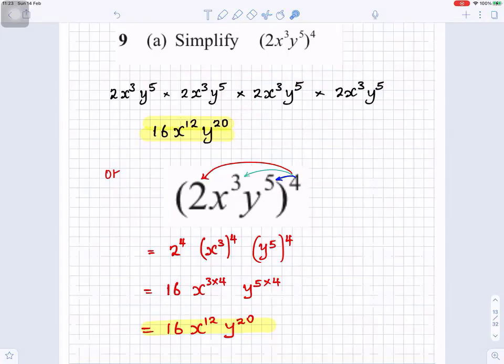Another way to do it without writing it out like that: you do 2 to the power 4, that gives you 16. x cubed to the power 4, you do 3 times 4, that gives you 12. And y to the 5 to the power 4, 5 times 4 gives you 20. That's another way to do it.